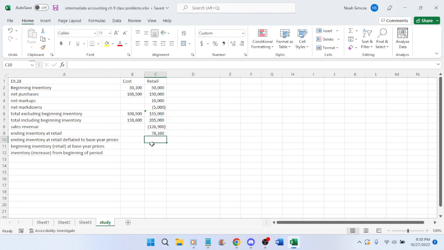Ending inventory at retail deflated base year price equals this divided by 1.1. Beginning inventory retail at base year prices. Inventory increase from beginning of period.